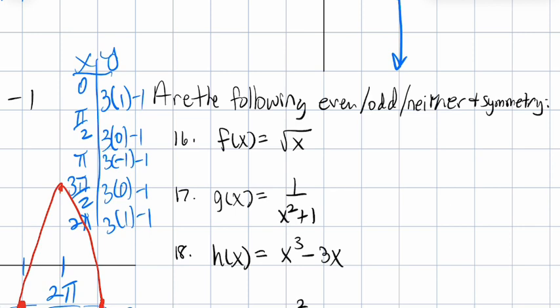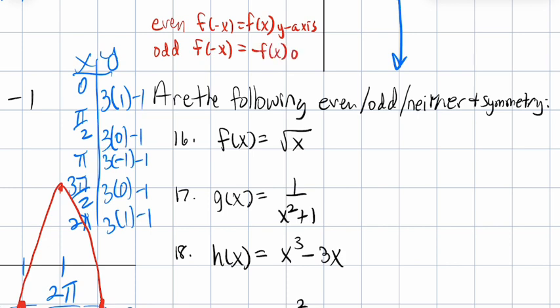So some things to remember about symmetry. If a function is even, when you plug in -x, it goes right back to the way it started. It's going to have y-axis symmetry. If a function is odd, when you plug in -x, you get the opposite of the original, and it's going to have origin symmetry.